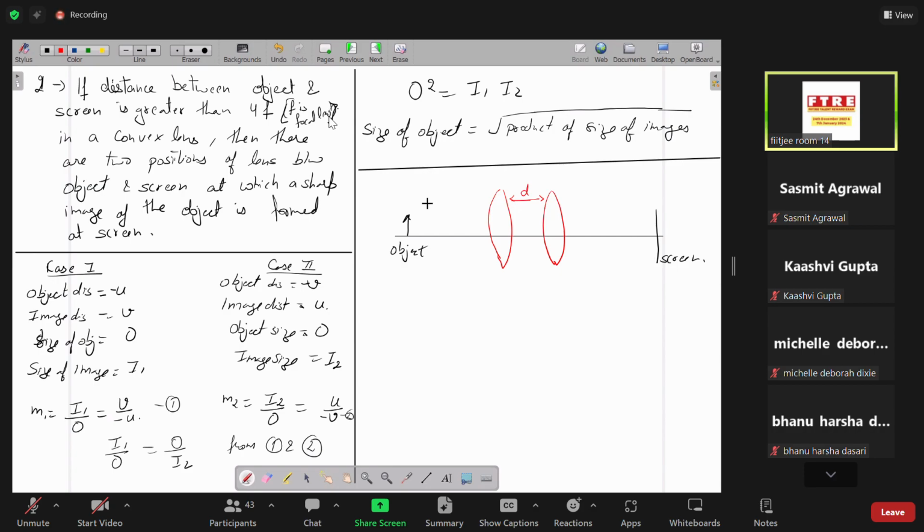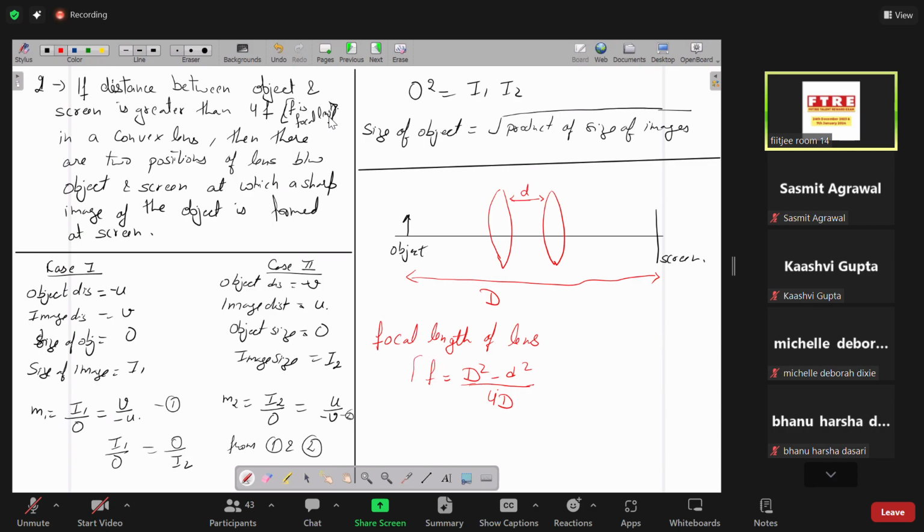Got it? The distance between the object and the screen is given by capital D. Then we can even find out the focal length of the lens using this method. So the focal length of the lens can be given as F is equal to D square minus small d square upon 4D.